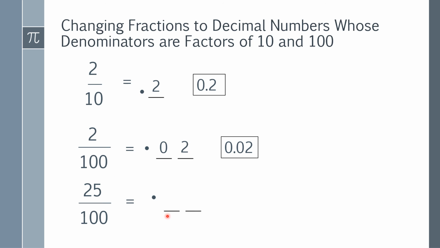Dito, hindi na natin kailangan maglagay ng 0 kasi we already have the tenths and the hundredths. So, 2 would be on the tenths place value and 5 would be on the hundredths place value. So 25 over 100 is equivalent to 25 hundredths.